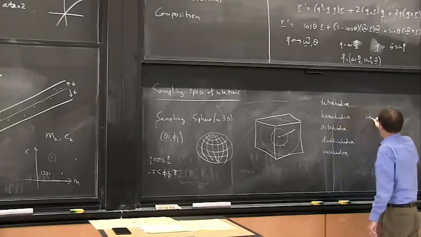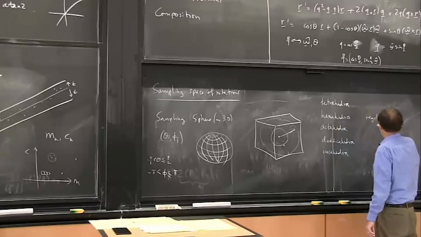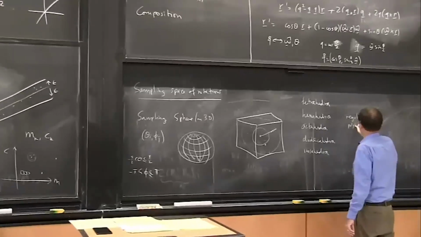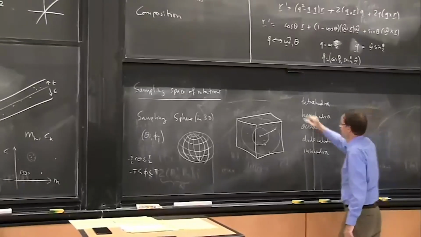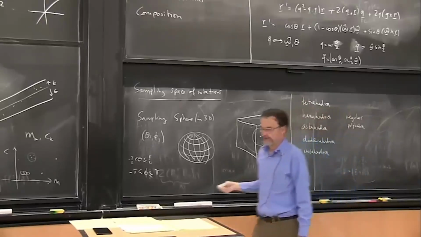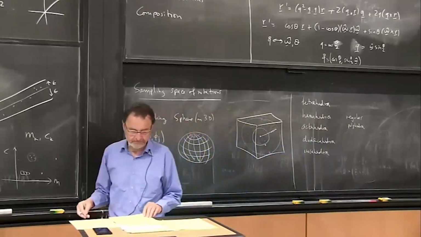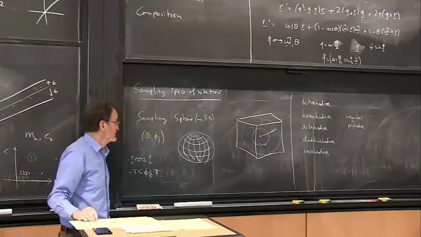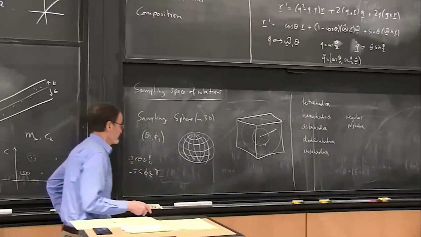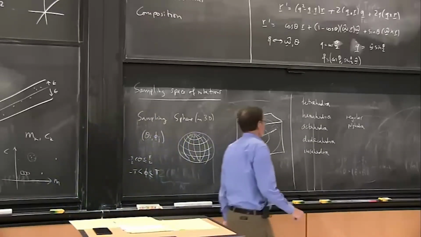So these are the so-called regular solids, regular polyhedra. That means that all of their faces are the same. And those aren't the only objects of interest, but let's start with those.